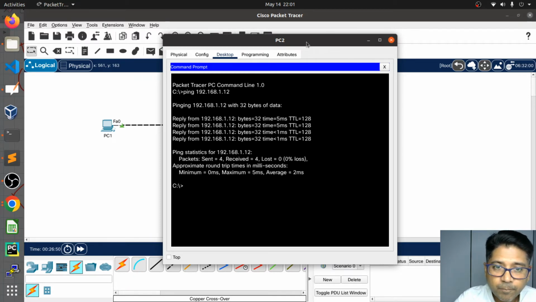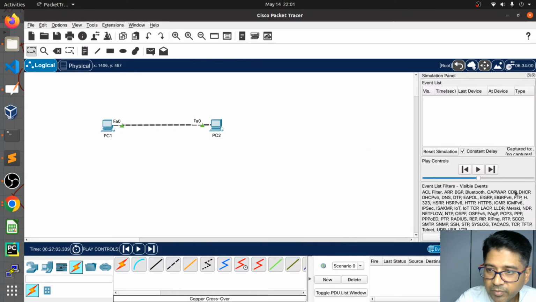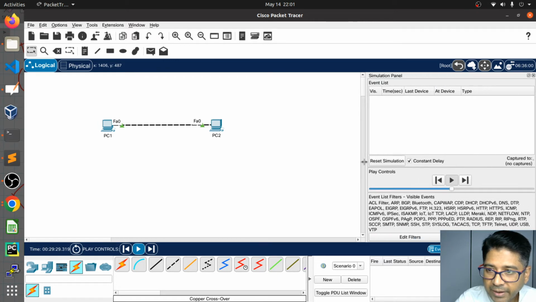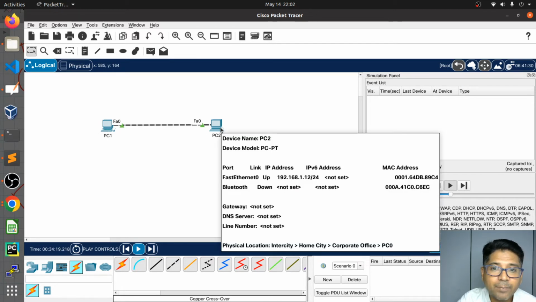Now let's understand here. I'm going to start packet capture. If I ping from this PC to this PC, from 11 to 12, what is going to happen?